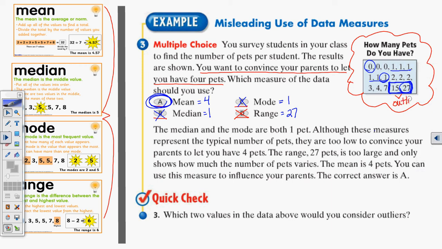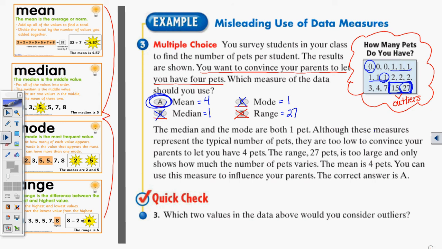So you want to jot this down. An outlier or outliers are values in the data that are way higher or lower than the big group. You're not going to use those because, like I said before, those are people with fish or people with farms. It's not an everyday thing.